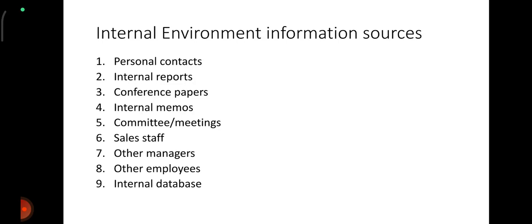Your personal contacts will improve the information sources for you. Internal reports will provide you the information about whole data. The conference papers will tell you about the whole scenario, and the internal memos will also provide you information about the internal environment. Your sales staff, managers, employees, and your whole internal database are related to this internal environment information.